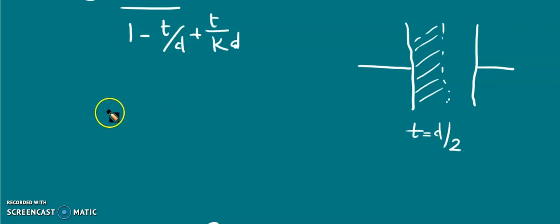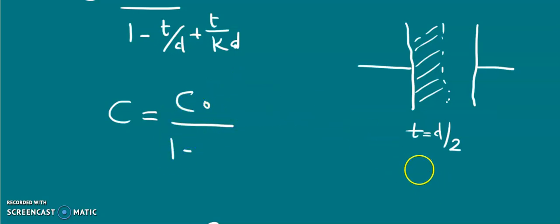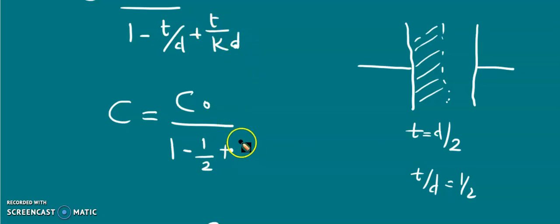So substituting in this equation, the capacitance C is equal to C0 divided by 1 minus T by D, which is half, plus T by Kd, where T by D is half again.